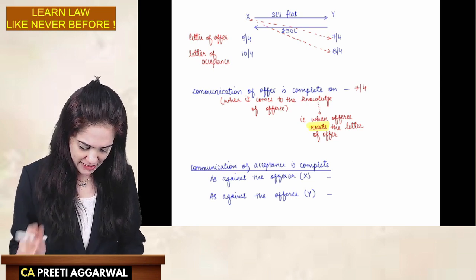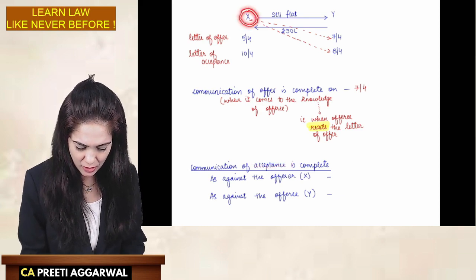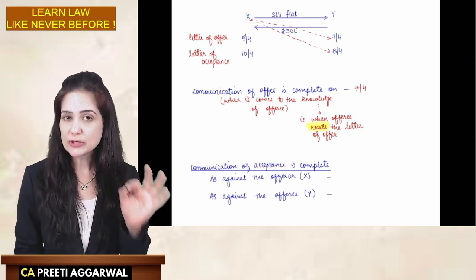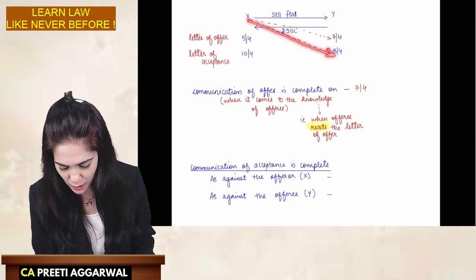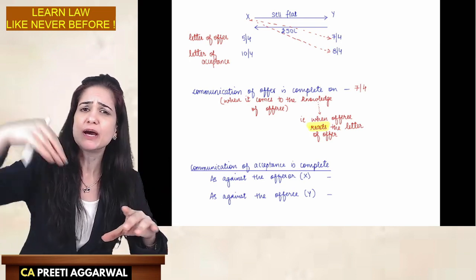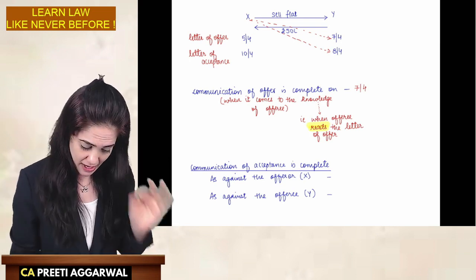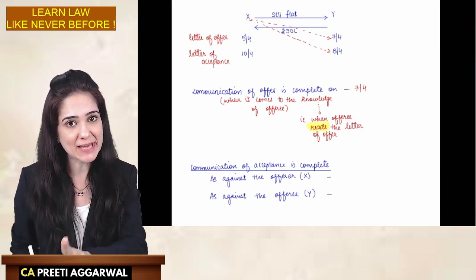Now, when can we say that communication of acceptance is complete as against the offerer X? For the offerer, acceptance is made as soon as Y puts the letter in the course of transmission. It means he posts the letter. X, for you, a contract is made, your offer is accepted.